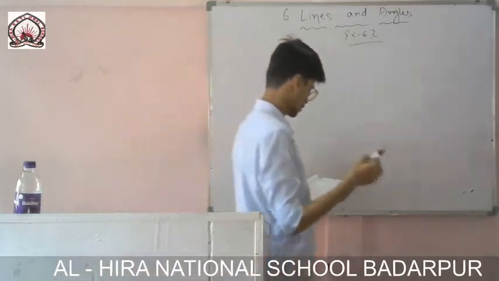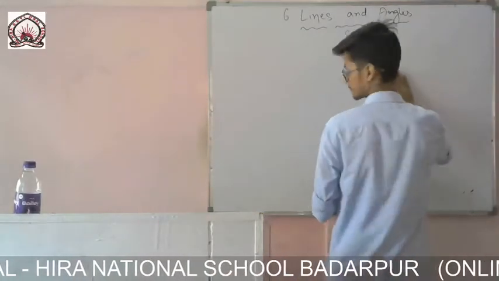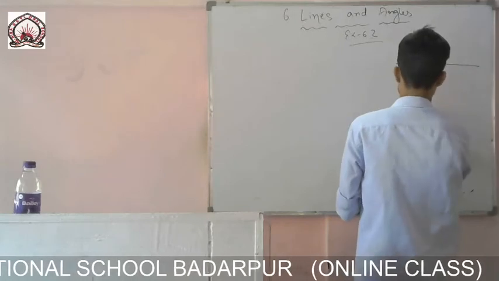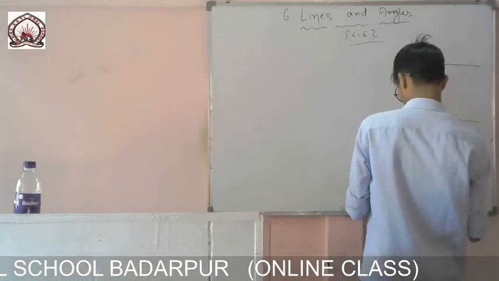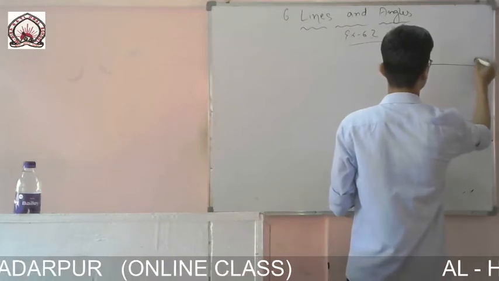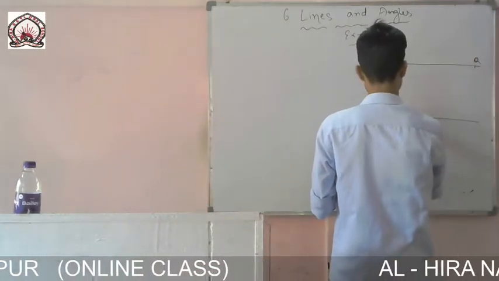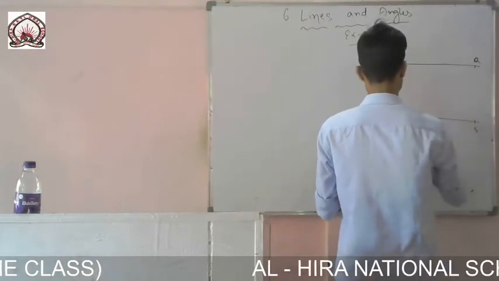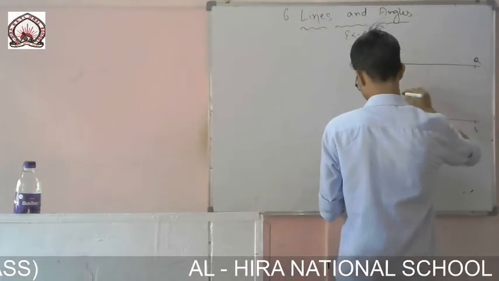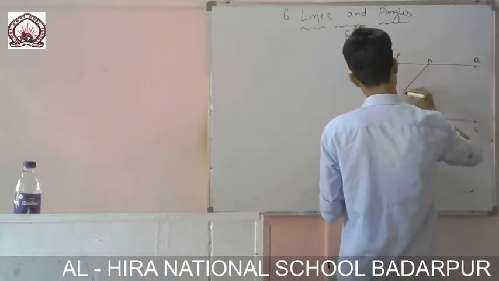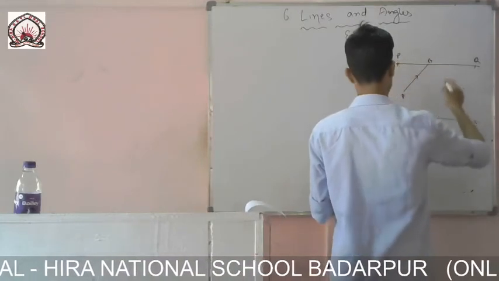First of all, let me draw the figure. Two mirrors are there, PQ and RS. Okay, so this is their reflecting side. One ray passes like this.